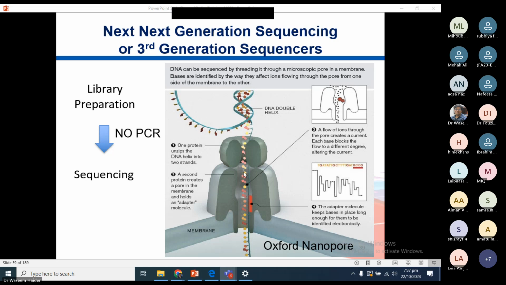Here, in Oxford Nanopore, they come up with a system of membranes, right? You take that template as single stranded. You don't need to cut it into small pieces. The proteins which are put on those membranes are just like the transporter proteins present on your cell membrane.